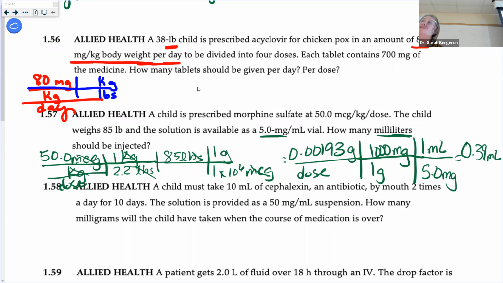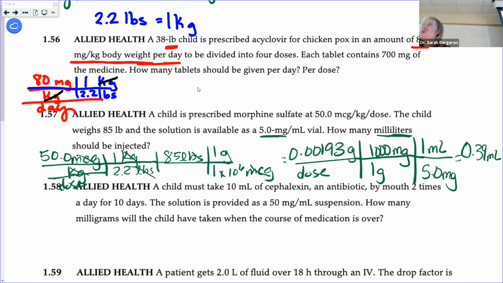Do I have a conversion between kilograms and pounds? You look on your best friend sheet. There should be one. Make friends with that sheet. What do you find? 2.2 pounds is equal to 1 kilogram. So the pounds goes on the bottom, 2.2, and I have 1 kilogram on top. So now I've gotten rid of my kilograms, and I've converted to milligrams per pound.